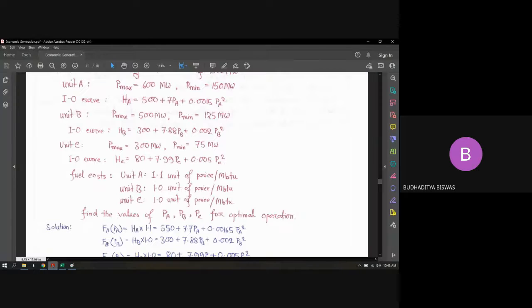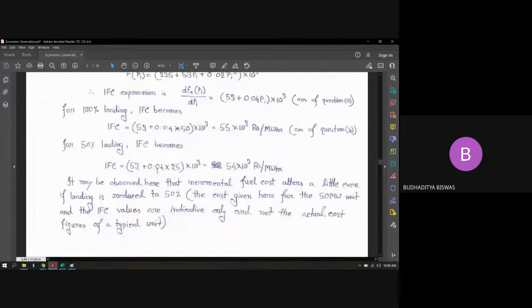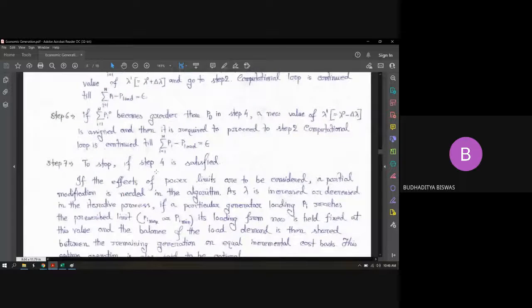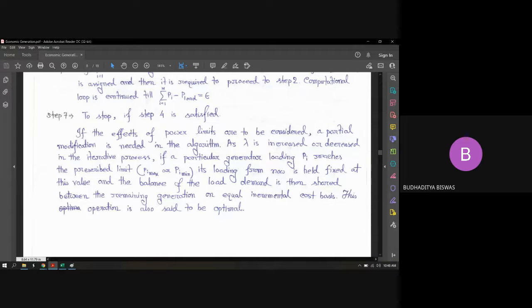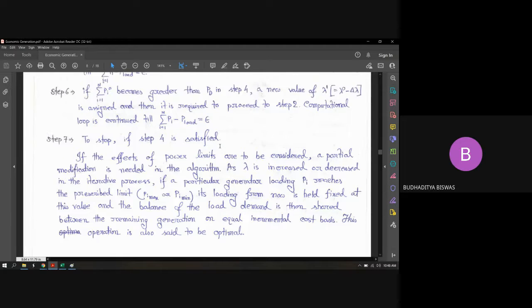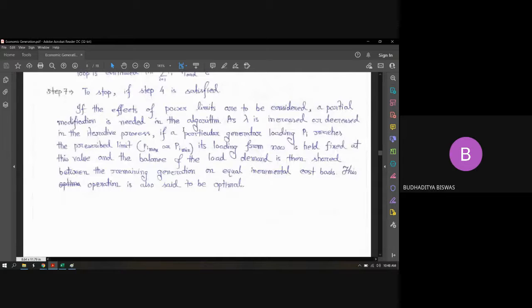Now just check this one. What was mentioned here: if the effects of power limits are to be considered, power limit meaning generator limit obviously, a partial modification is needed in this algorithm. Not all the modification, only a little modification is needed in this algorithm when you want to solve it in the computer.